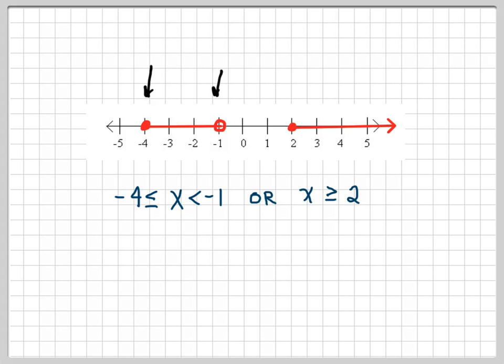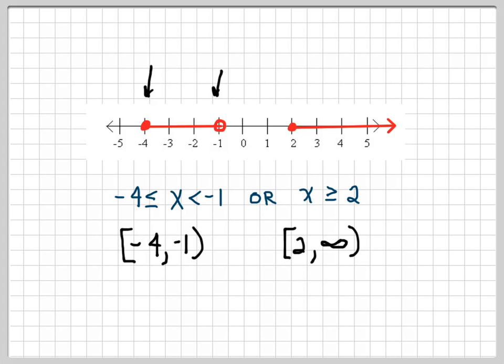In interval notation, it gets a little bit trickier. We do the same thing for the interval from -4 to -1, just like you'd expect. We say the -4 is included, but the -1 is not. On the right hand side, we say we start at 2 and it goes to the right forever. It goes to positive infinity. The 2 is included, but infinity is always an open end.